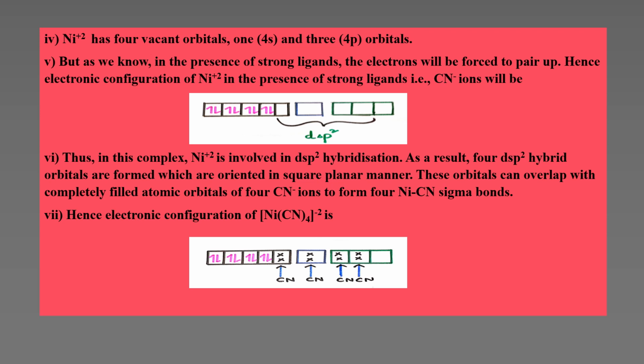The single electrons are forced to pair up in the presence of the strong ligand CN- ion. Hence, Ni+2 is involved in dsp2 hybridization. Look at the electronic configuration of [Ni(CN)4]2-. The 4 dsp2 hybrid orbitals are occupied by the pair of electrons donated by 4 CN- ions.